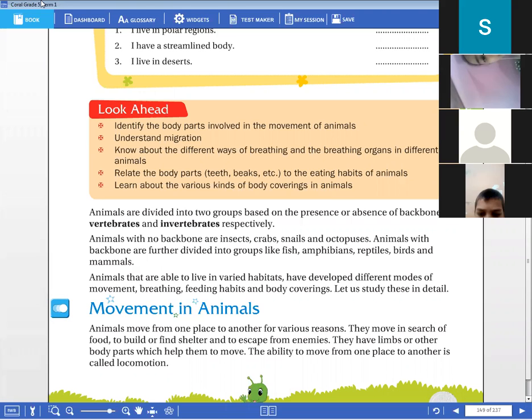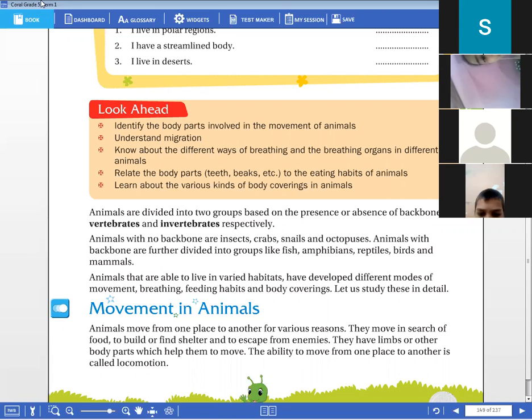Even our hands, legs, and every movement depend upon our backbone only, children. It plays a key role in the total body for movements.